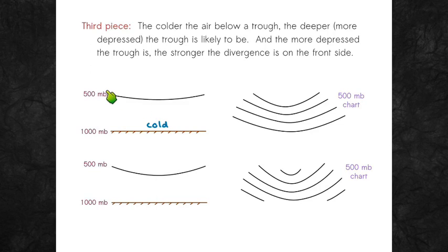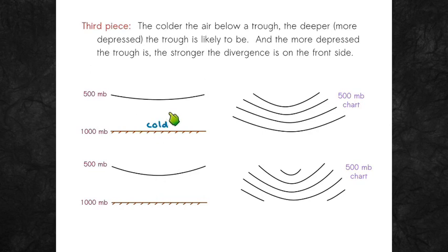And so the surface associated with 500 millibars is going to dip downwards over the place where the cold air is. But then we just have to recognize that a place where the surface dips down like this is just a trough. That's the definition of a trough. A trough is a place where the surface dips downward. And so as a result, what this is telling us is that the trough tends to sit over places where the air is cold.